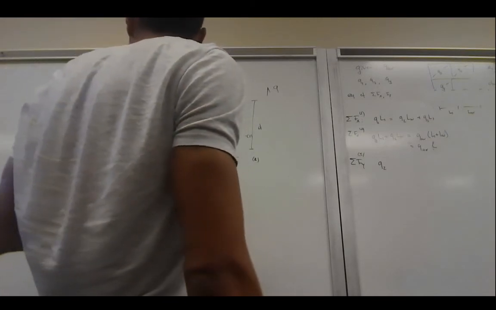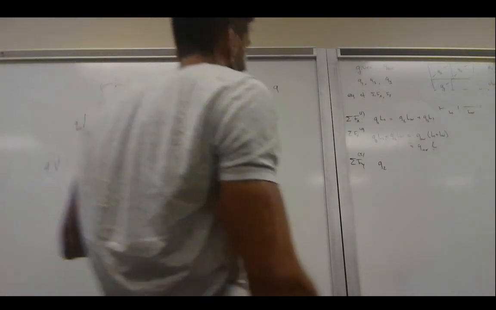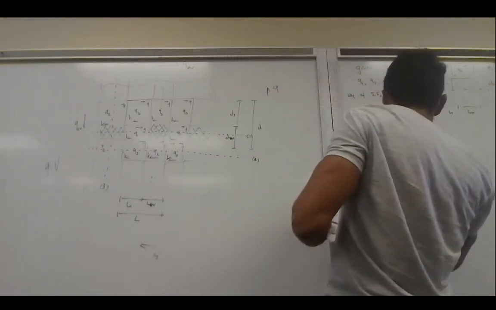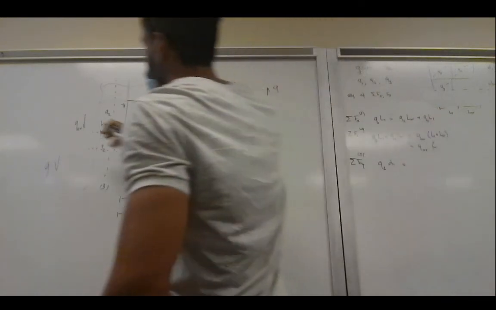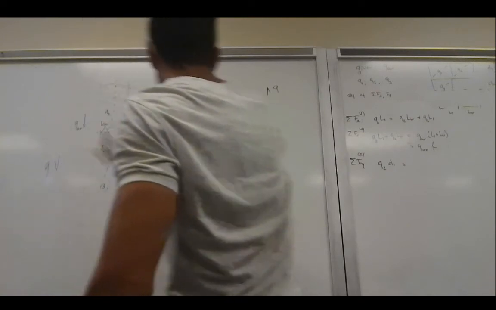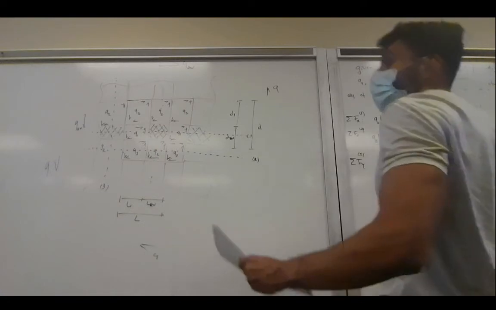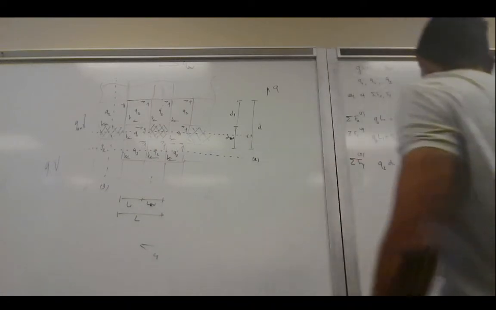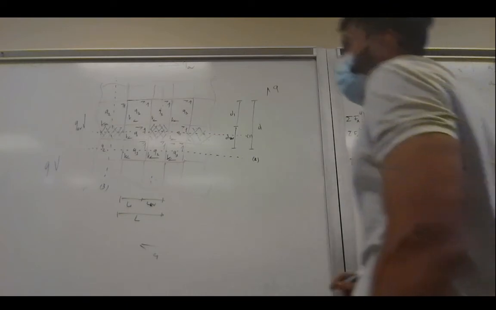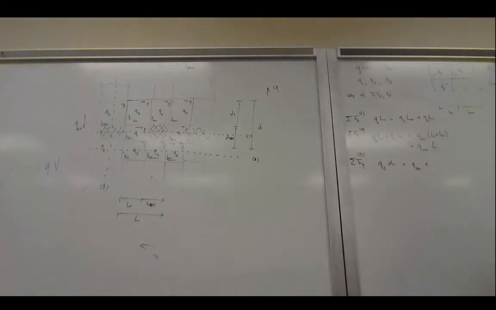So we get Q2 times D1 must be equal to the average shear flow, because this is an empty cell, times D. Yeah, Q average times D. So we have Q2 times D1, and we know that somewhere here, far away, acts our average shear flow, Q average.